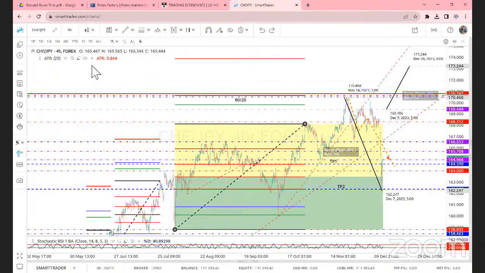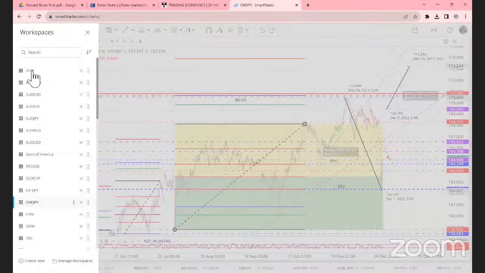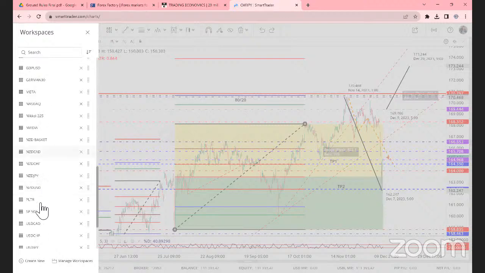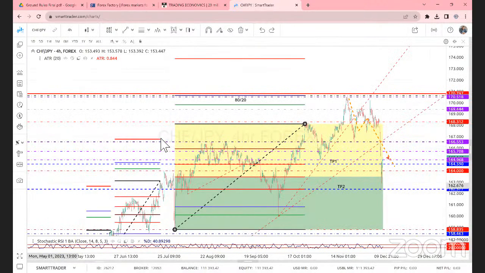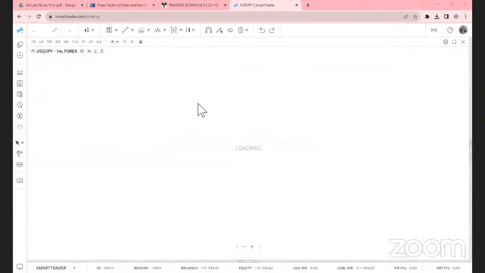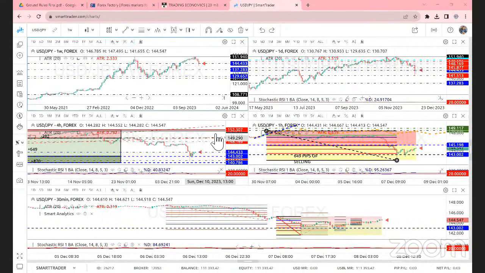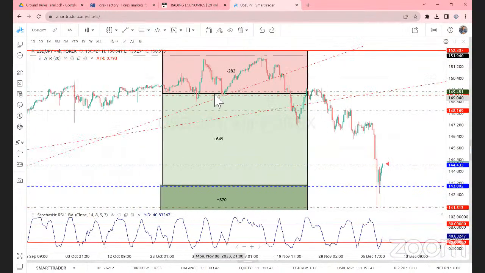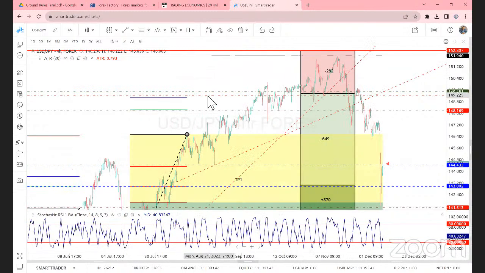So that is the Swiss yen. The dollar yen continued to collapse as well. So here is the 1 hour play.